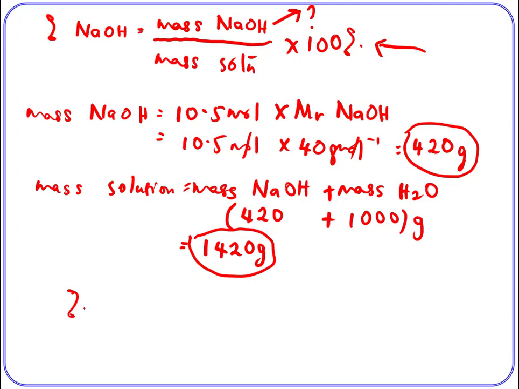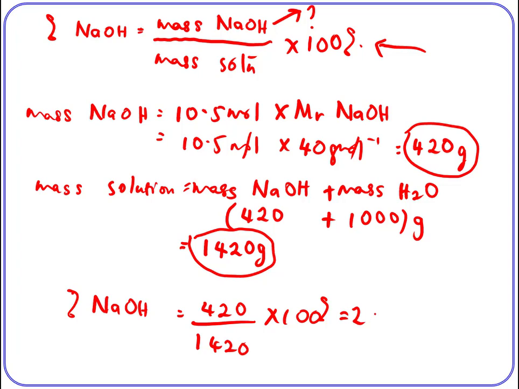So, the percent by mass of NaOH is 29.58%.